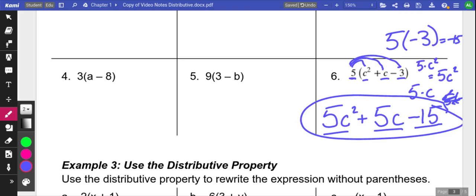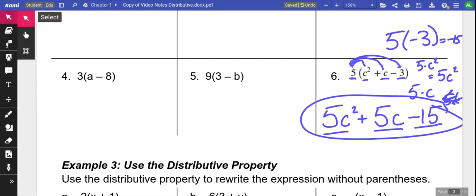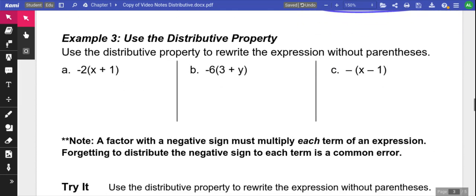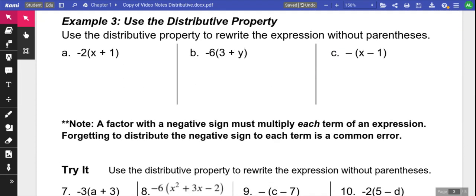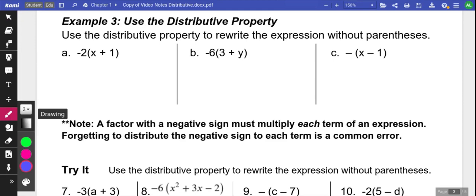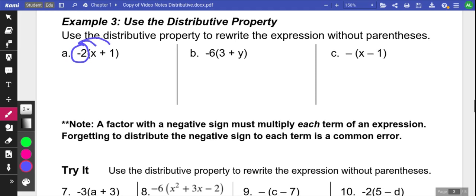Keep in mind the easiest thing to mess up when you're distributing is that positive and negative sign, so make sure you aren't getting that confused. Let's move on. I think I've got one more example that I want to show you. Maybe two. When we've got a negative sign on the outside of our parentheses, it's going to work the same way, but we've got to be extra careful that we're distributing not just a 2, but here on the outside we've got a negative 2. So we have to think, what is negative 2 times x?